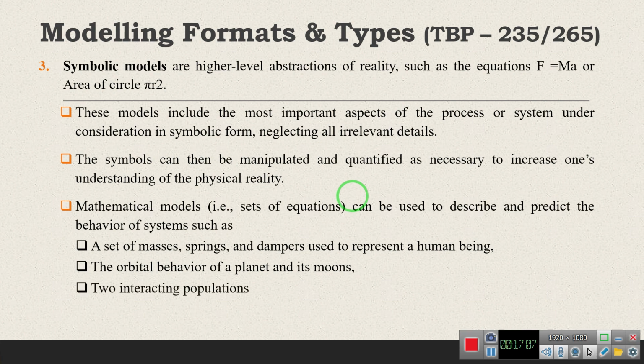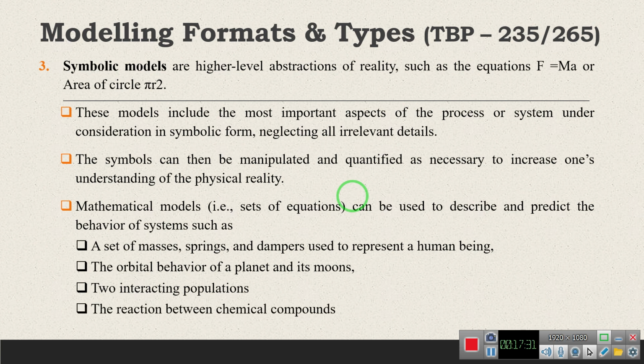Two interacting populations, like one animal which eats another animal. Then how will it behave, how much time will it take to go extinct, and what precautions do we have to take. So we are writing in terms of equations.